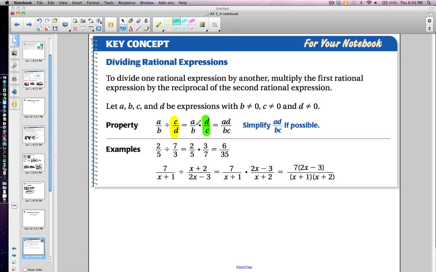And then I'm going to go ahead and multiply numerator times numerator and denominator times denominator. So when you're thinking of dividing, it isn't so much that we divide, it's just that we invert and then multiply. So the skill again is multiplying, but you have a step to do first. Okay, so this is an example of how that might go. And let's go ahead and look at some problems.